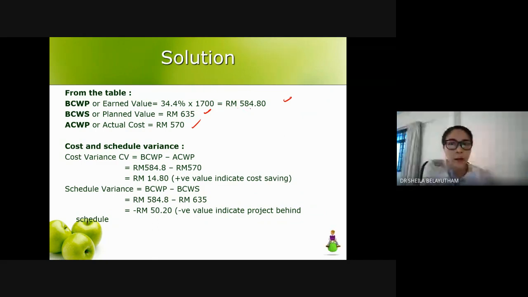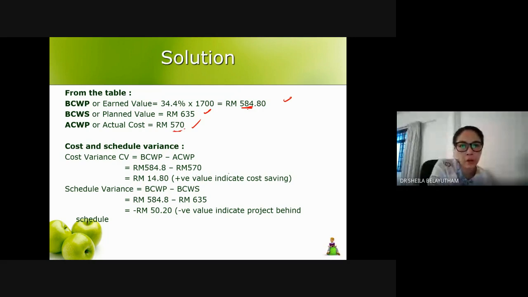Earned value is at 584. So you should be able to know that you are basically behind schedule. And in terms of cost, your actual cost is 570, but the work that you have performed is actually worth 584. So you are under budget. You have performed 584 worth of work, but you have only spent 570.